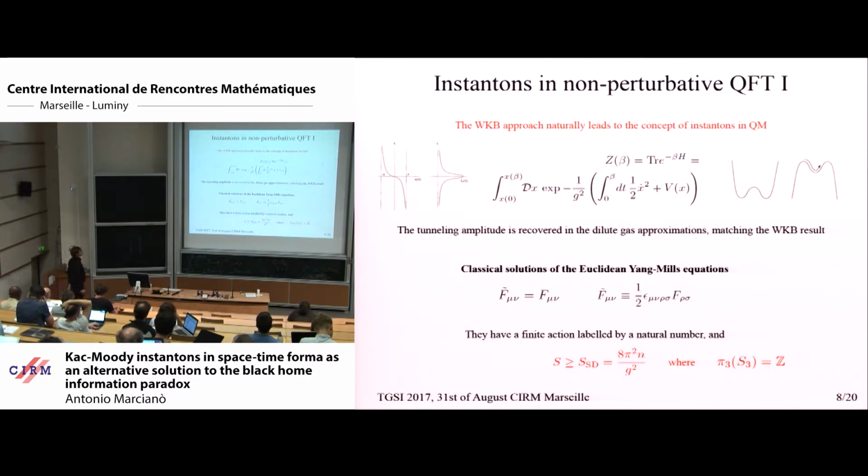The first way to introduce instantons is to think, for instance, what happens in quantum mechanics. In quantum mechanics, consider, for instance, 1 plus 1 dimensional space-time, and consider just a particle, okay? And a very simple potential, a double well potential.